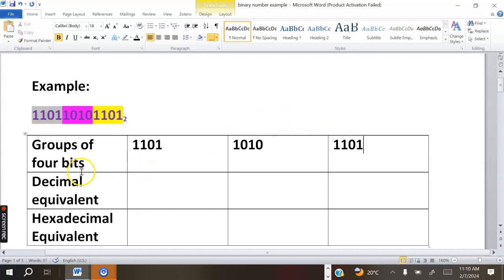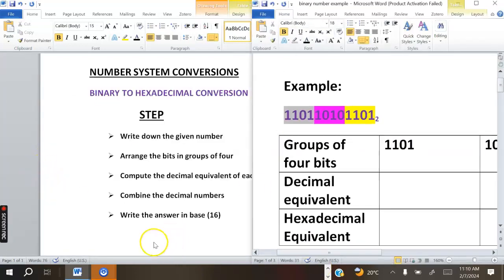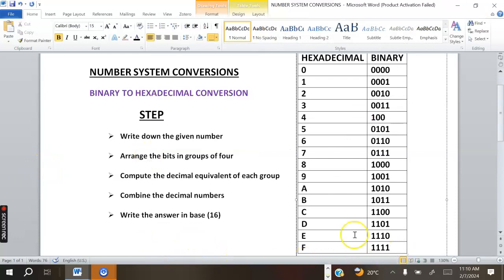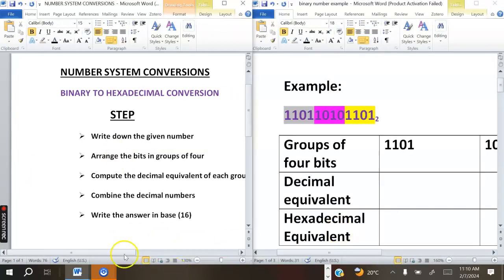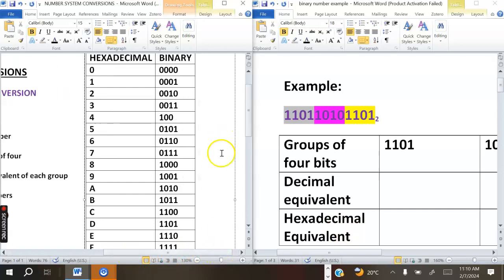So step number 1, as usual, is to write down the number in groups of 4, which we have already done. The next step is to get its decimal equivalent. If you look at the table that you had, let's try to get this one. So we have the value for 1101.